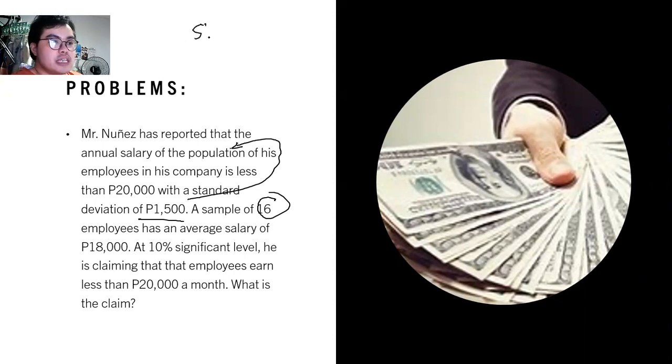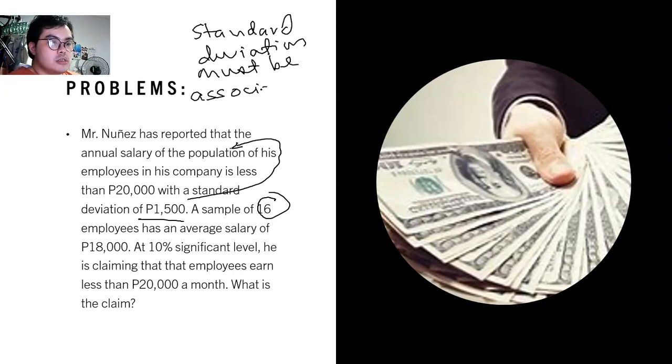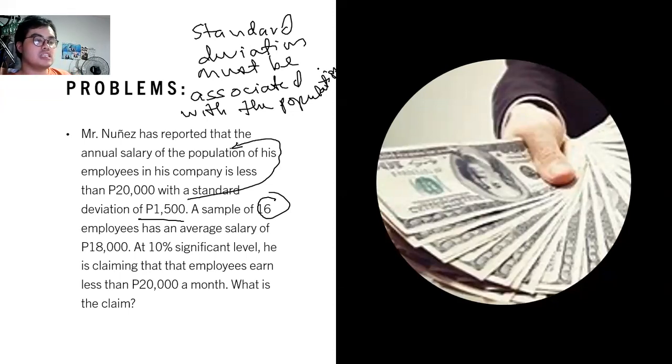Yan standard deviation kasi must be associated with the population. So wala tayong standard deviation para sa sample kundi sa population na mismo. Yung 1,500 ay para sa population. Okay? So yung population mean natin ay 20,000. Tapos yung sample mean natin is 18,000.